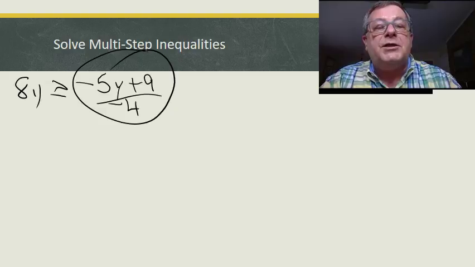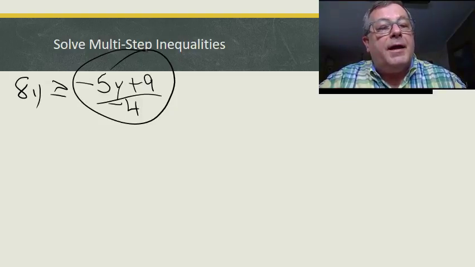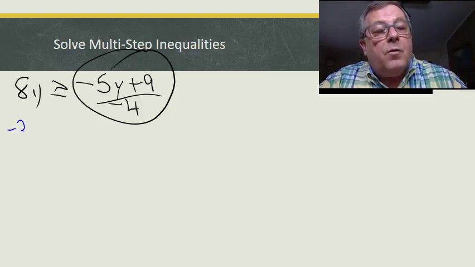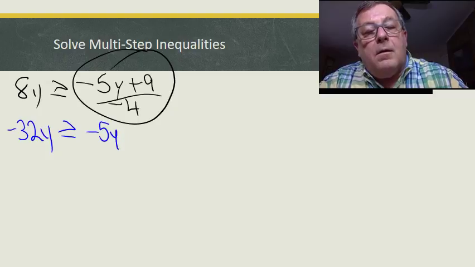And so since it's a division in this grouping, I want to multiply both sides of the equation by negative 4. And so 8y times negative 4 is going to give me negative 32y is greater than or equal to negative 5y plus 9.